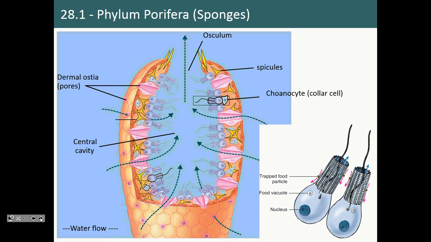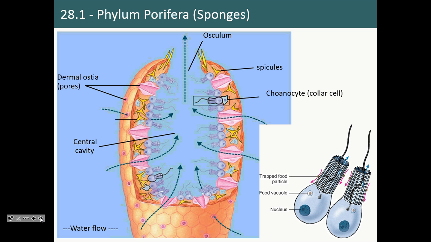Okay, this is the basic body plan of a sponge. If you're looking at those finger or tube sponges, this would be one of the tubes, or the entirety of a barrel sponge. They have this same basic structure. The body of the sponge, what you see, is mostly made up of this substance that we call mesohyl, which is a semi-fluid matrixy substance that holds all the cells together.